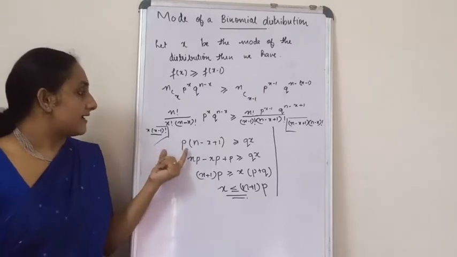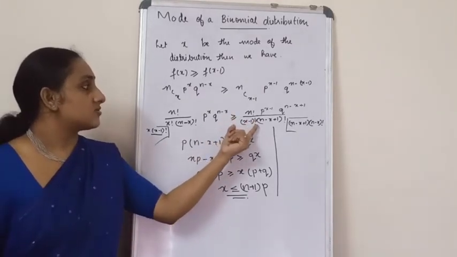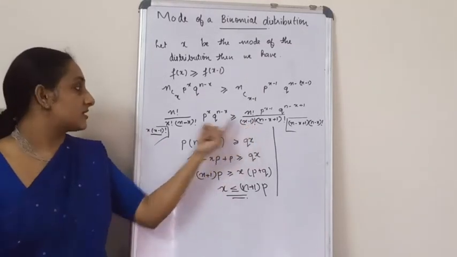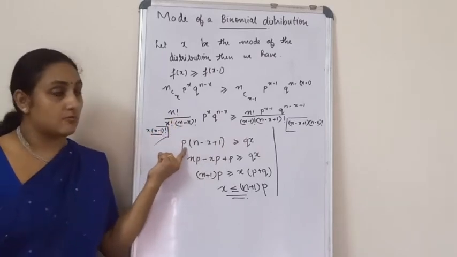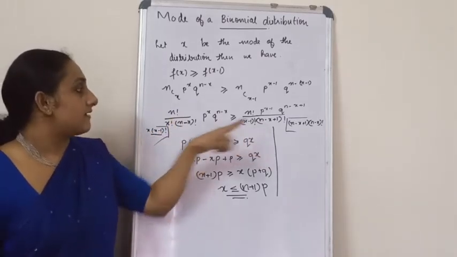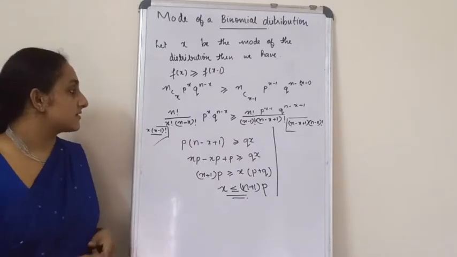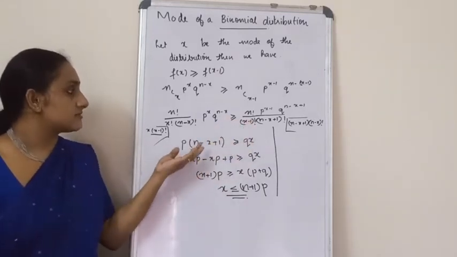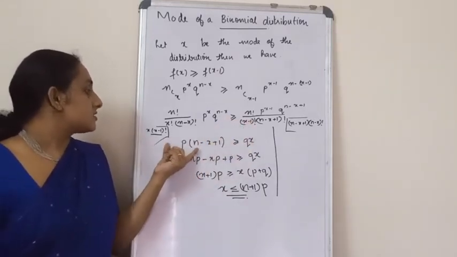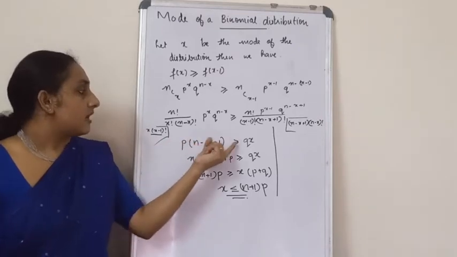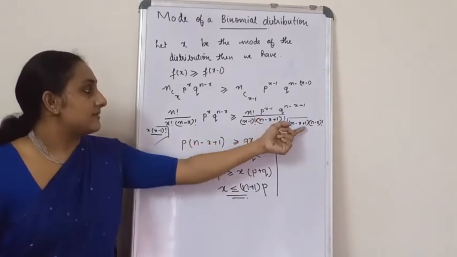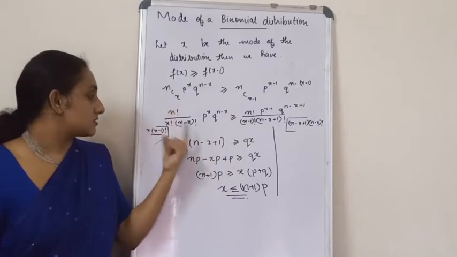Finally, here I told you there was a p in the denominator, so I took the p to this side. And of course I have n minus x plus 1 also over there, so I took all the terms over here. So I got p into n minus x plus 1. Sorry, it was not factorial. n minus x plus 1 was taken to this side.